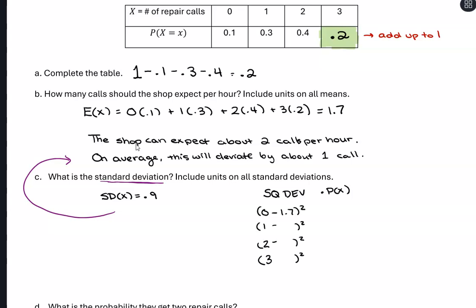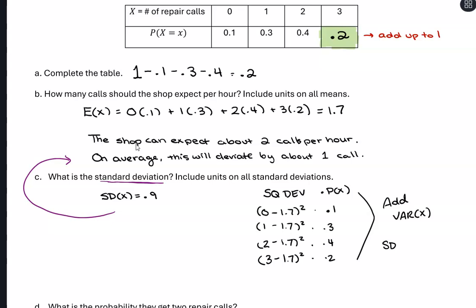We're subtracting away the mean, which stays the same as we go to each case. And then we're multiplying with its probability, which would be 0.1, 0.3, 0.4, 0.2. And then if we add up those values, that would give us variance.